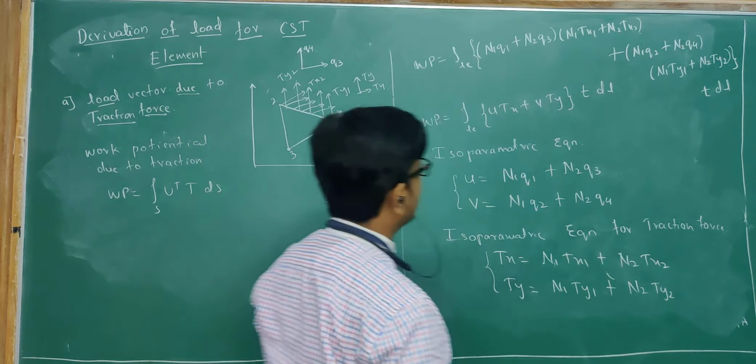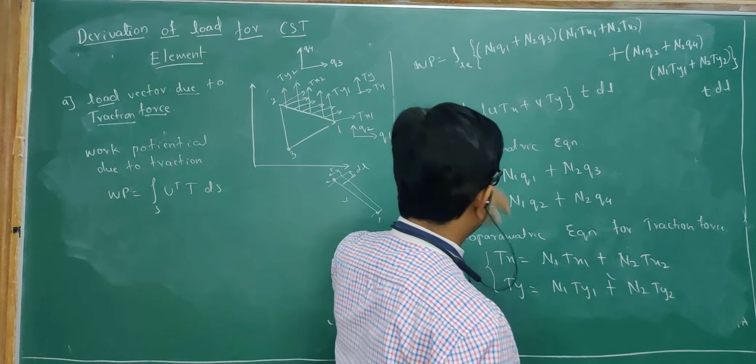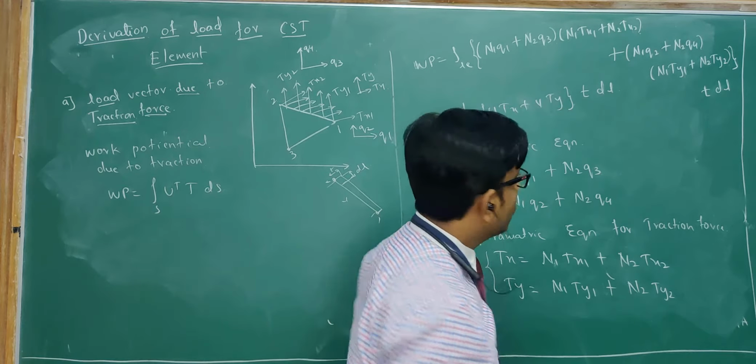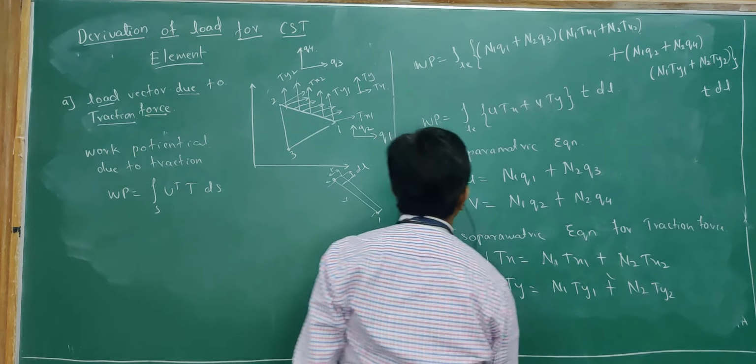So this is the expansion of the values of u, Tx, v and Ty. Now we will be solving this and segregating it.